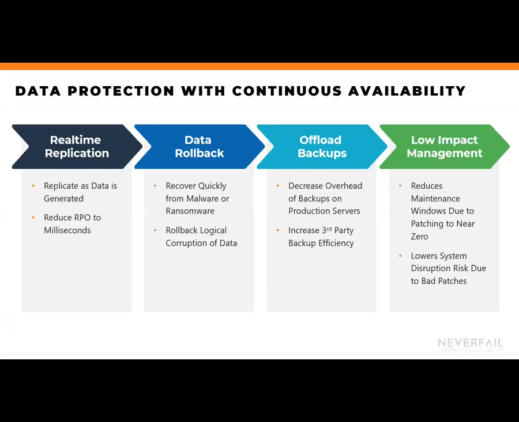So your maintenance windows go down significantly because you don't have to worry about impacting your end users. You're patching the passive nodes first. It also allows you to test those patches. Because this is a clone-based architecture, you can validate those patches and prove that they work before you do it on your production server.